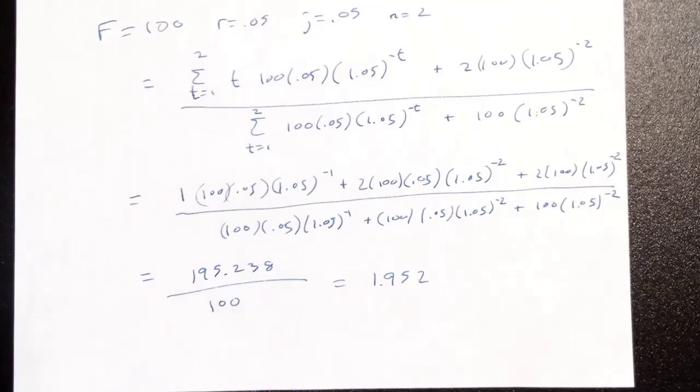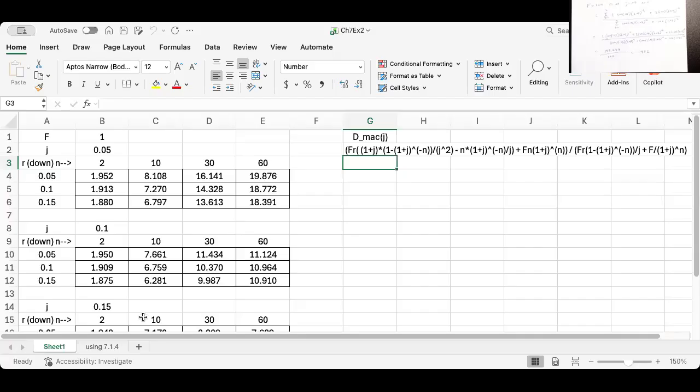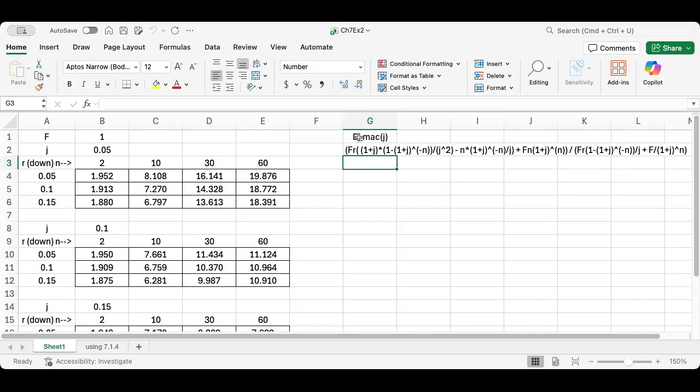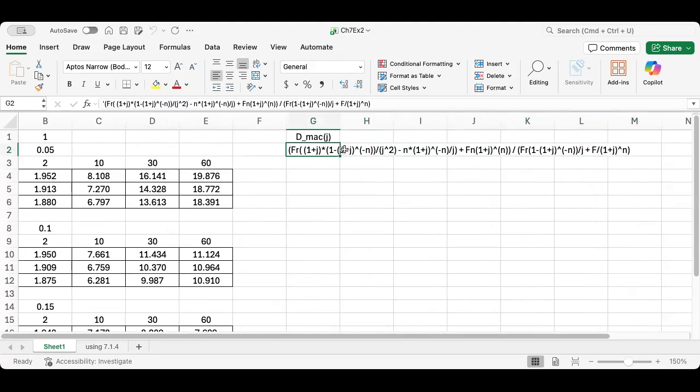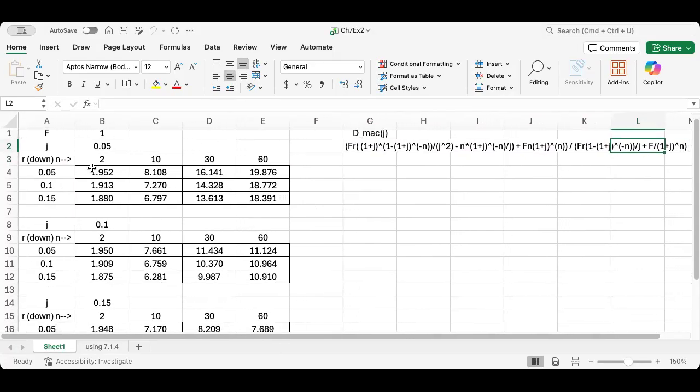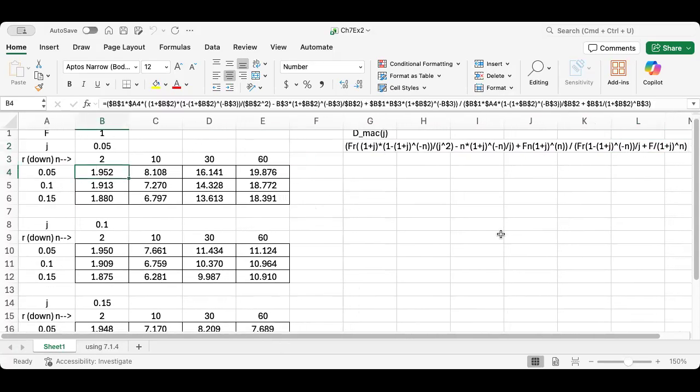And I will tell you that I think it's not trivial to get there from here. So here's our disgustingly long, ugly formula, right? There's our numerator. And there's our denominator. And there's the number we just did, 1.952.